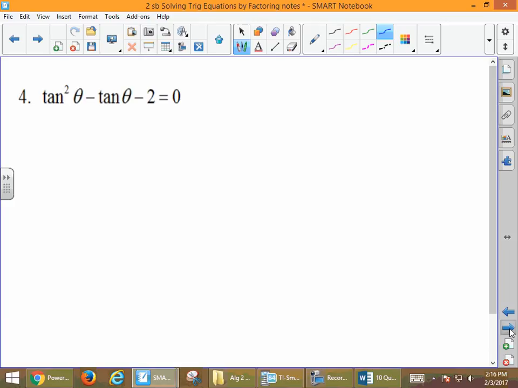So we're actually going to think back to a method we learned before I was here in pre-calc called U substitution. We can change tangent to U. So we can let U equal tangent of theta, and rewrite it into a form that may look easier for us to solve.